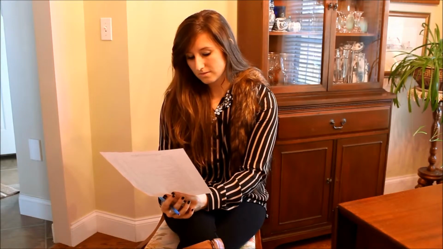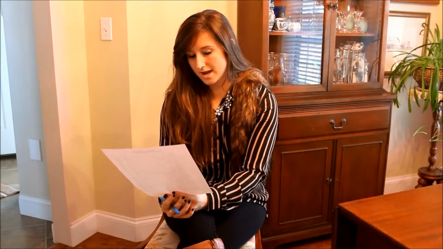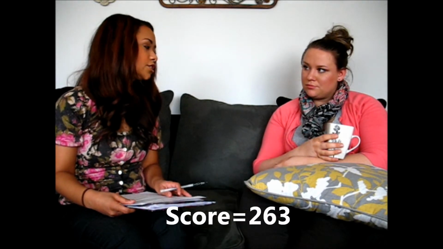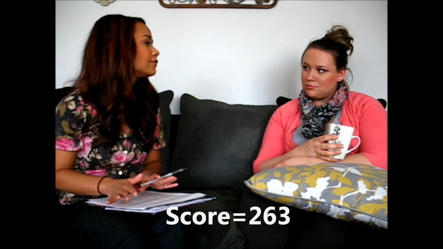If you got 150 or less, which is very good, that means you don't have very much stress, but a score from 150 to 299, the chance is about 50%. This is just a prediction and everyone is different, so it doesn't mean you're going to automatically get sick. So you scored a 263, which isn't a bad thing. It just means that you have a 50% chance of getting sick in the near future.